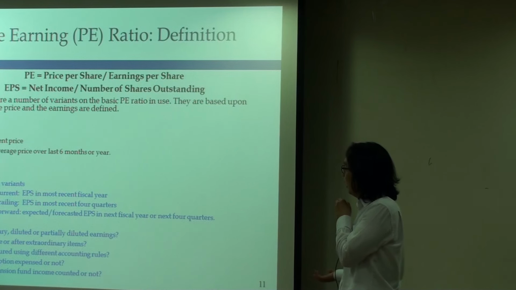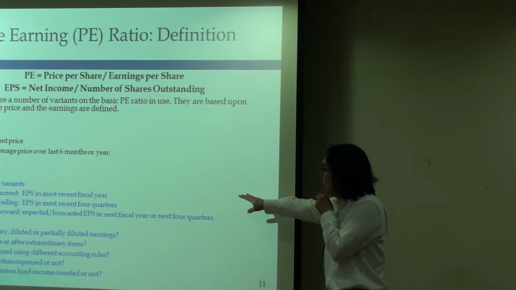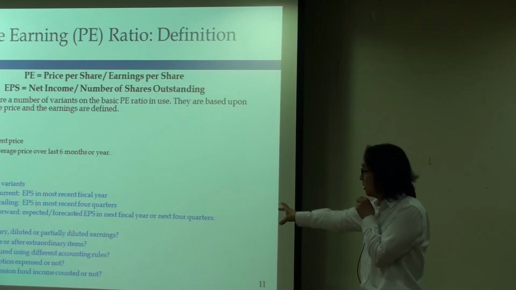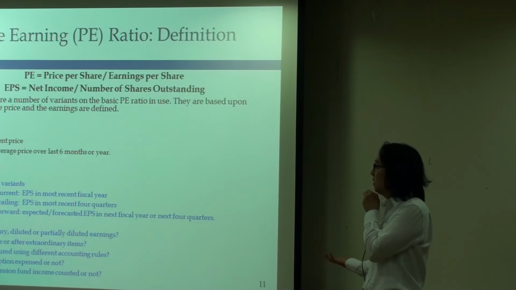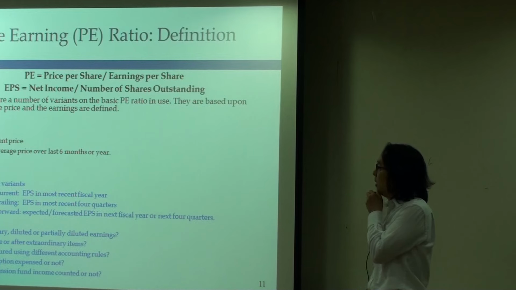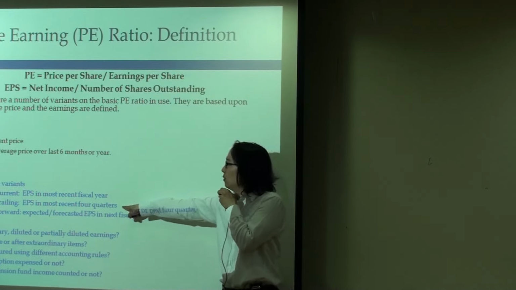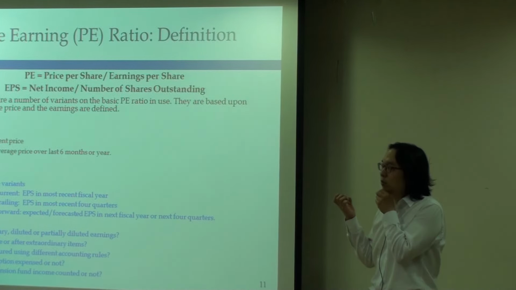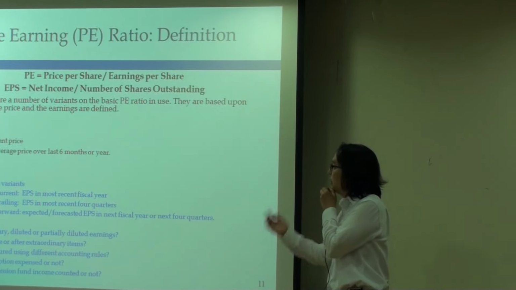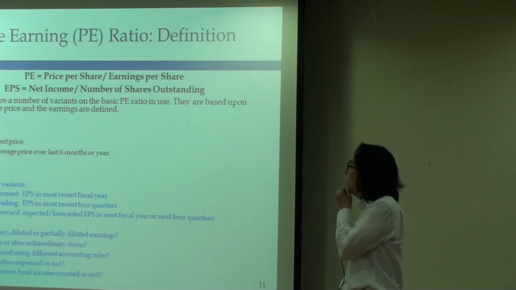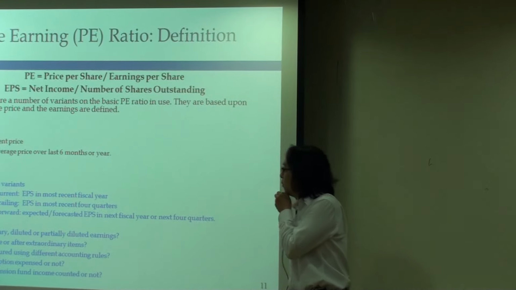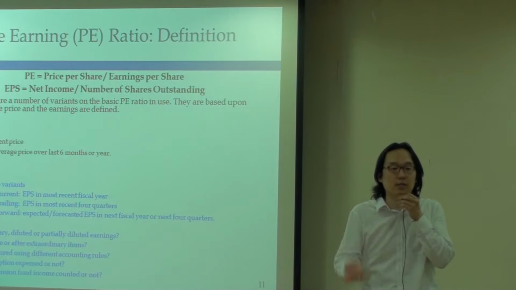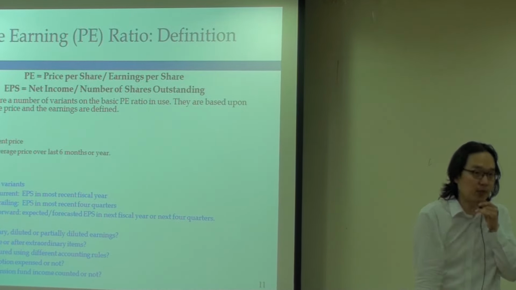EPS, I told you before, should it be current EPS, which means the most recent fiscal year's EPS, or should it be trailing 12 months EPS? As long as you have quarterly reports, you can compute this. But once you do it, do the same thing for the other thousands of companies. And then forward EPS, you may have some analyst expectation about next year's EPS figure.